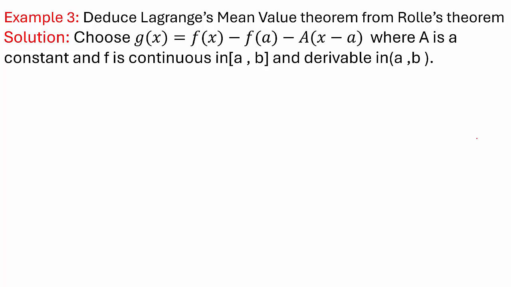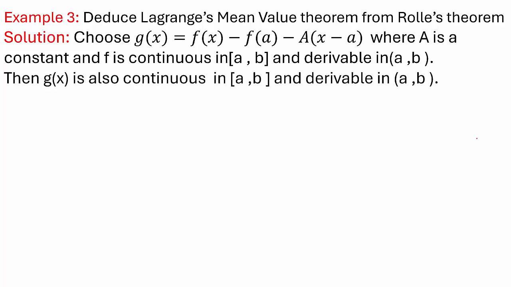g(x) equals f(x) minus f(a) minus A into (x minus a), where A is a constant, f is a continuous function in the closed interval [a, b], and f is a derivable function in the open interval (a, b).